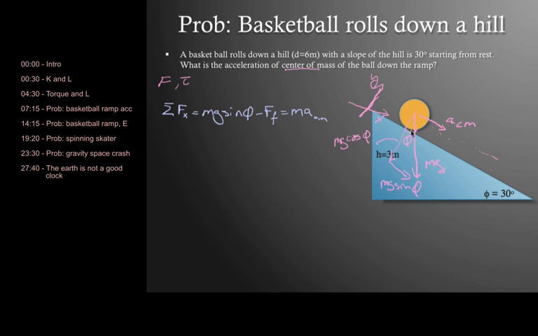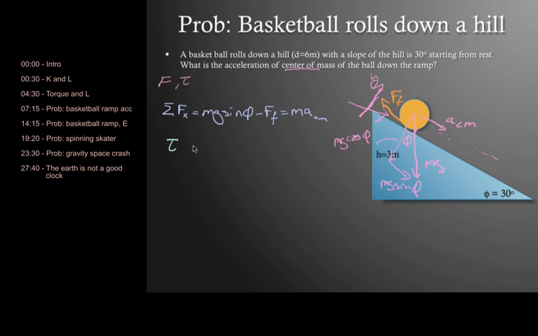Friction, let's do that in red, is going to be this way. But here we have a couple unknowns. We have the acceleration of the center of mass. We don't know that. We don't know the frictional force. We don't even know the mass of this ball. So we've got to dig a little deeper.